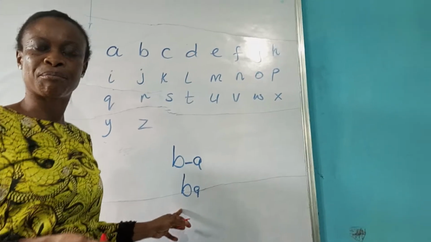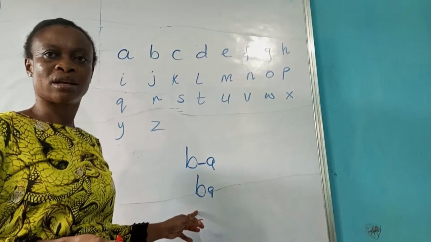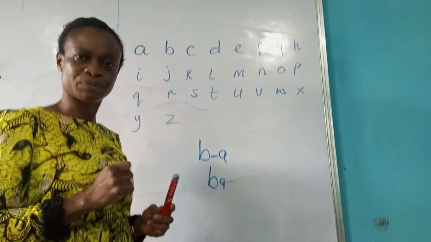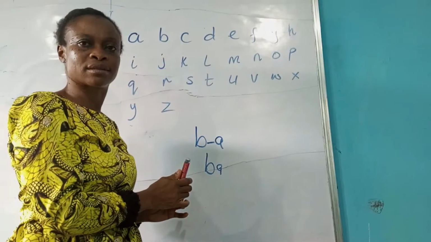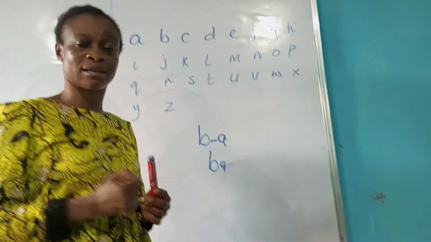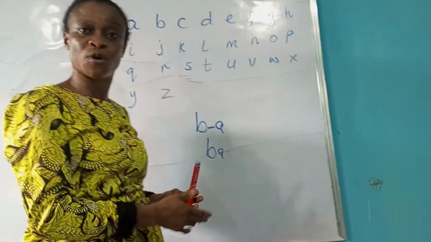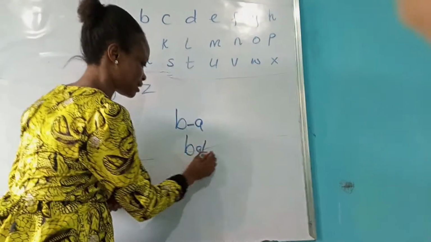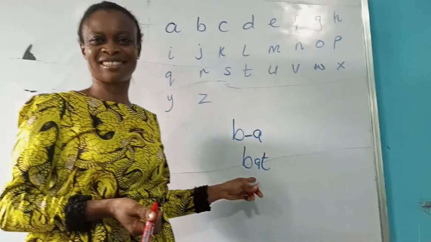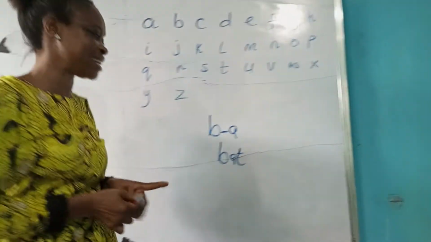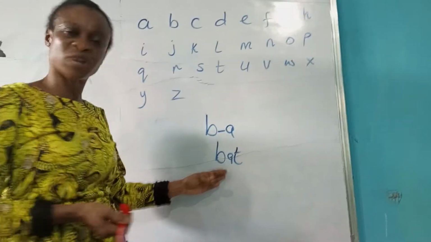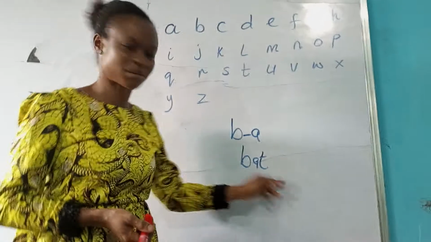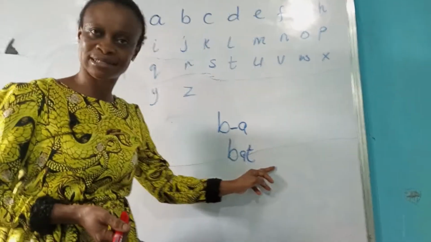We can add a single letter to make it a meaningful English word, such as letter T. That will give us what? Bat.